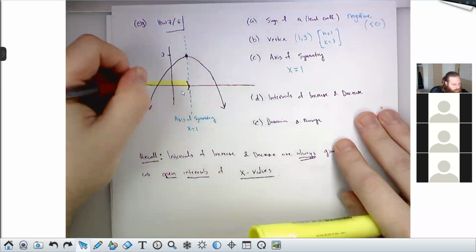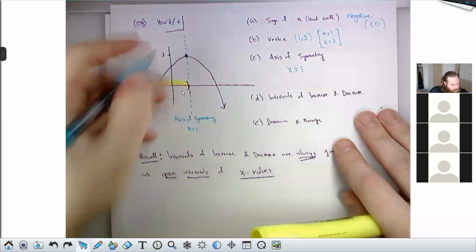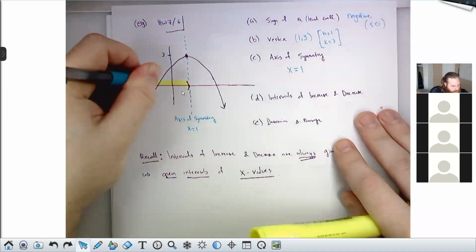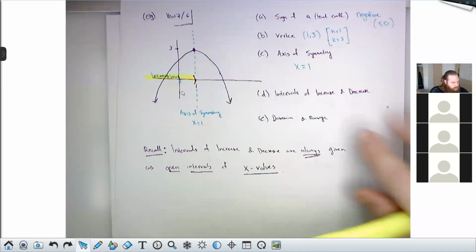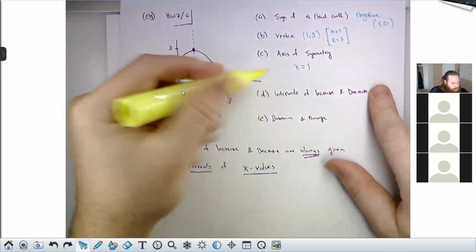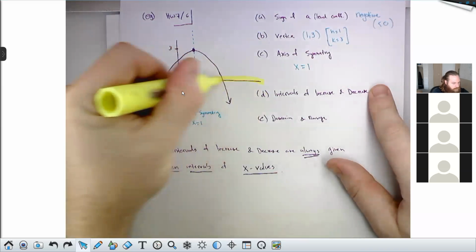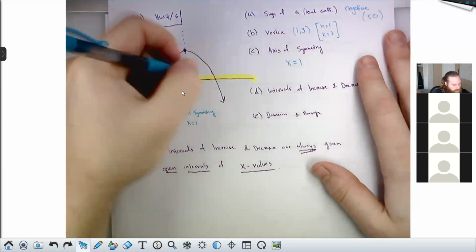So we are increasing everywhere over here. And we are decreasing everywhere over here. So this is a very common sticking point. And every semester we end up taking off a bunch of points for people who make this mistake.